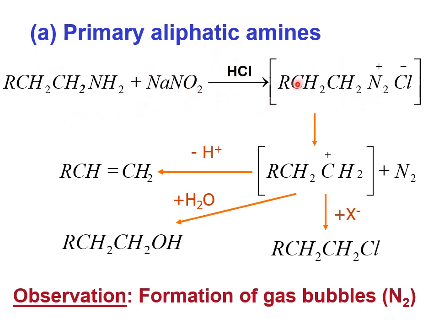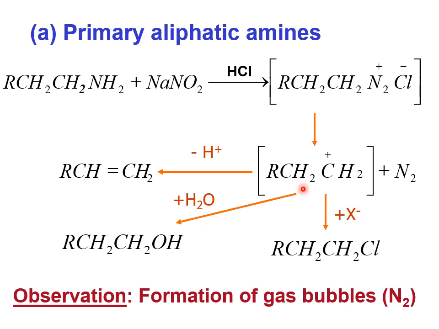It's going to form a diazonium salt, and this intermediate structure is not stable. It's going to form a carbocation by removing nitrogen gas.